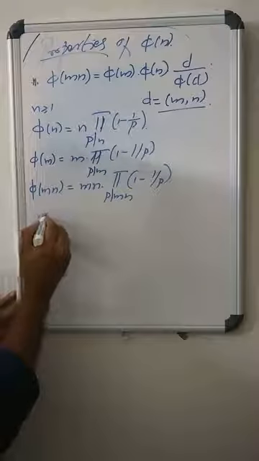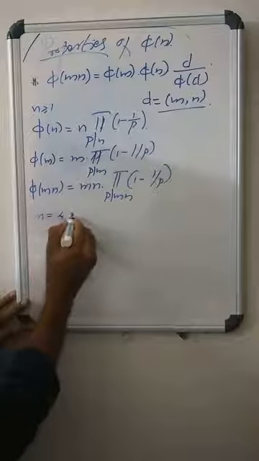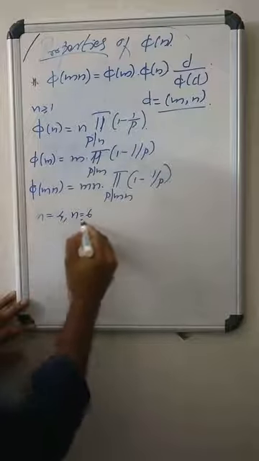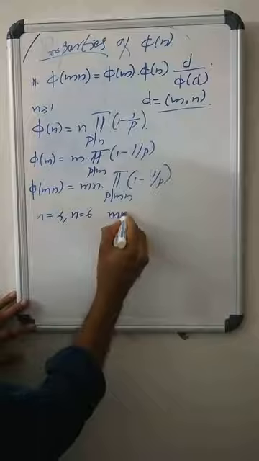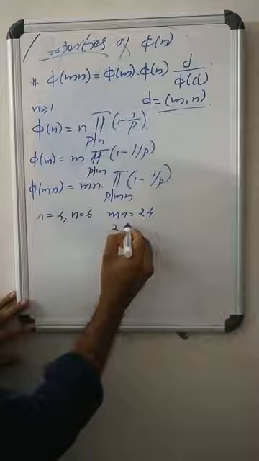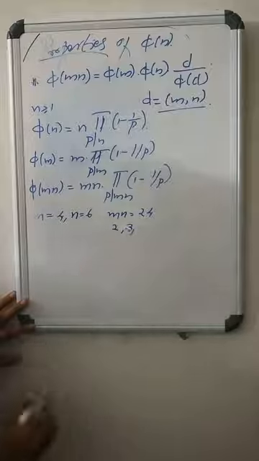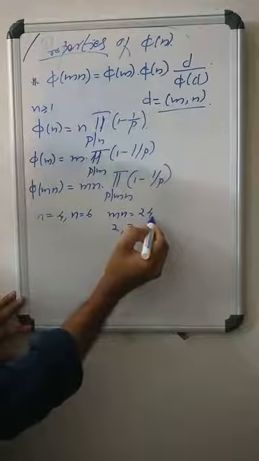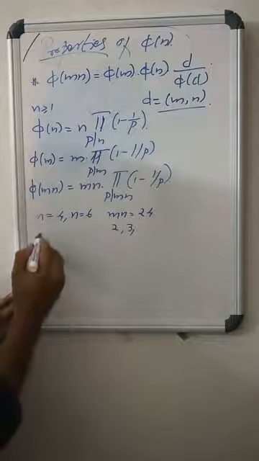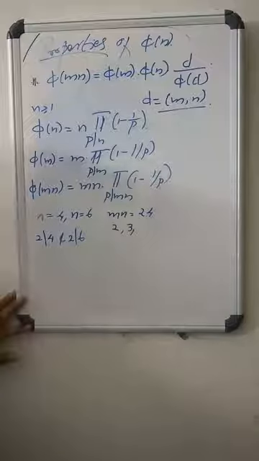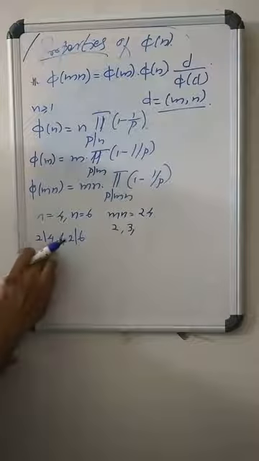Consider another example. If m equals 4, n equals 6, then what about the prime divisors of mn? mn equals 24. The prime divisors of mn are 2 and 3. Here, 2 divides 4 and 2 divides 6, so 2 divides both m and n.